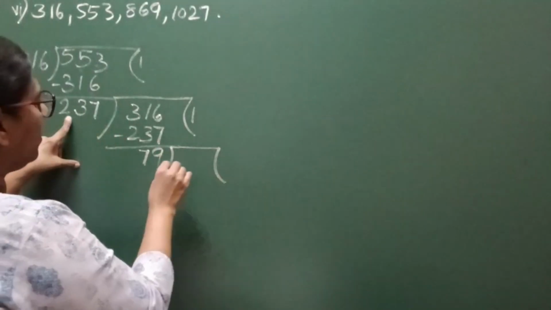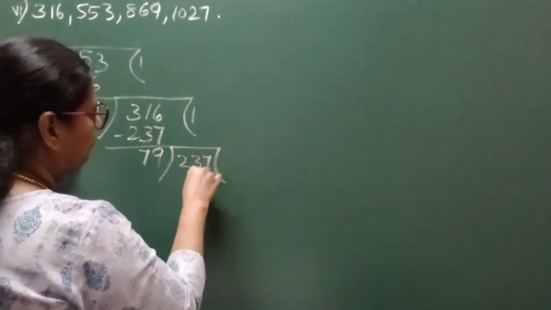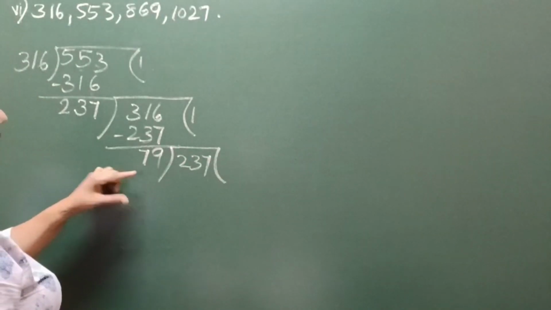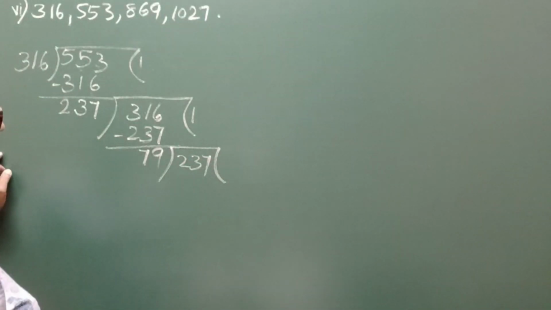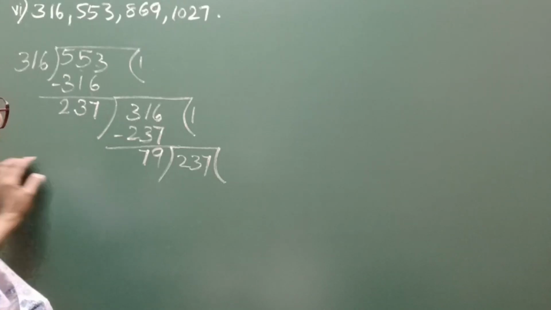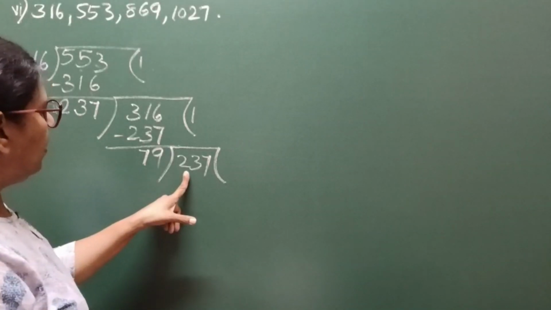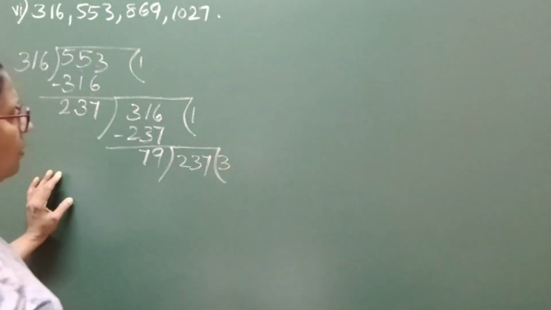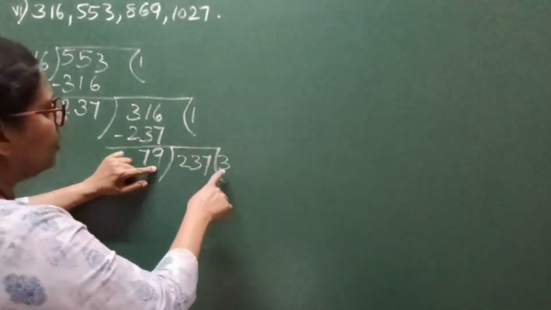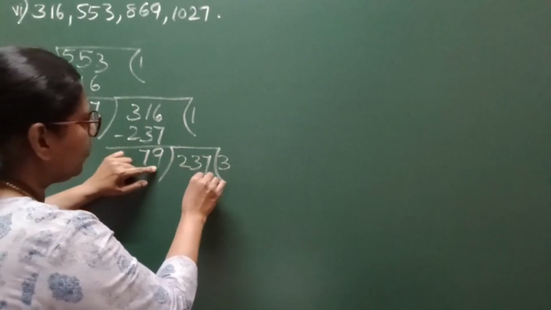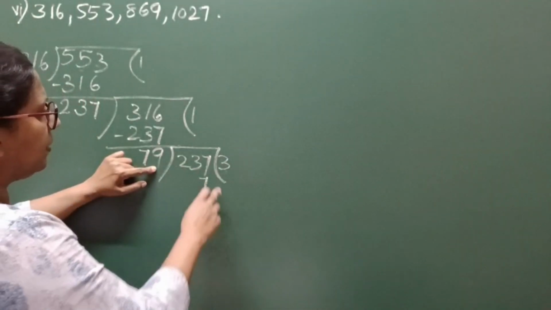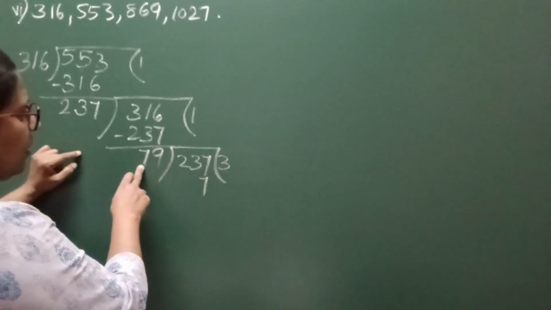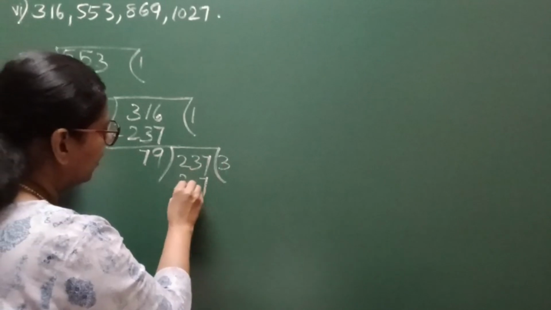Then 237. 3 sevens are 21. So we'll go for 3. Let's see. 3 nines are 27. 2 balance. 3 sevens are 21 plus 2, 23.